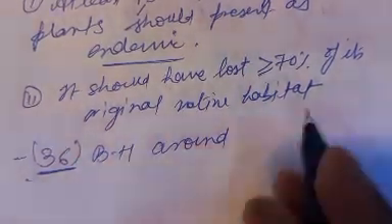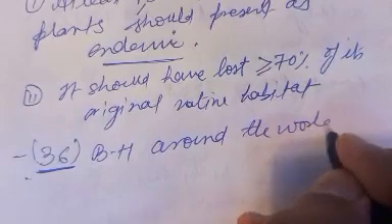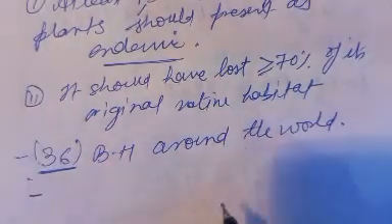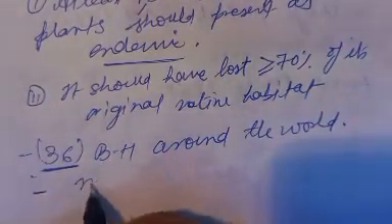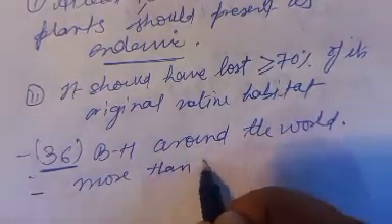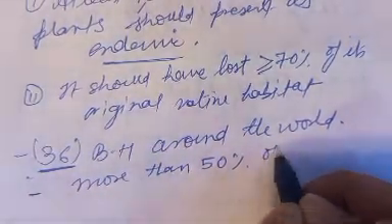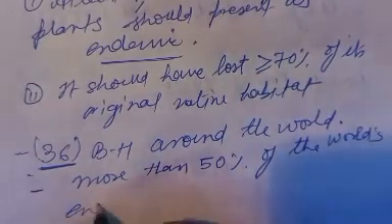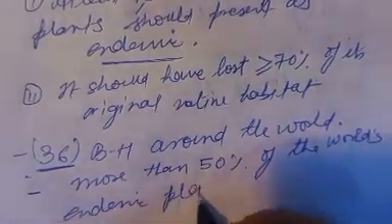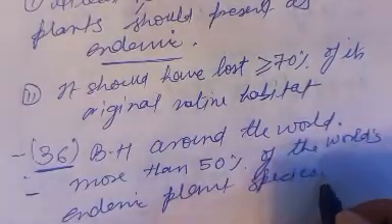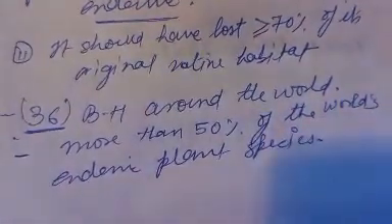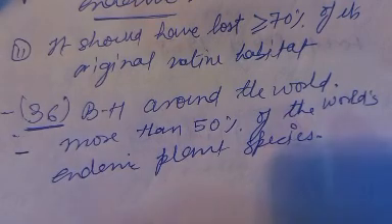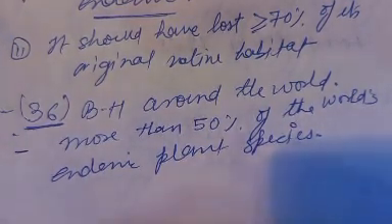There are 36 biodiversity hotspots around the world, and these 36 hotspots have more than 50% of the world's endemic plant species.